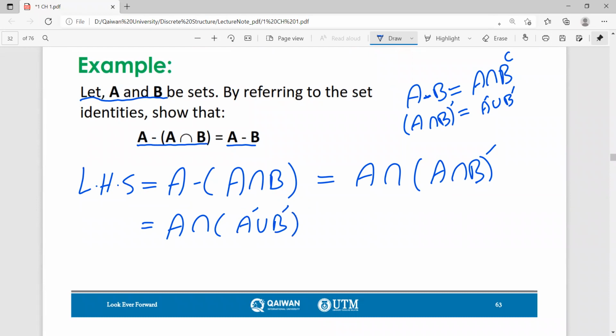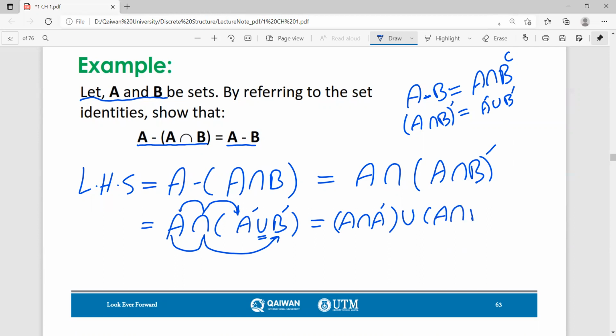Now, by using the distributive law, we get A intersection A complement union A intersection B complement.